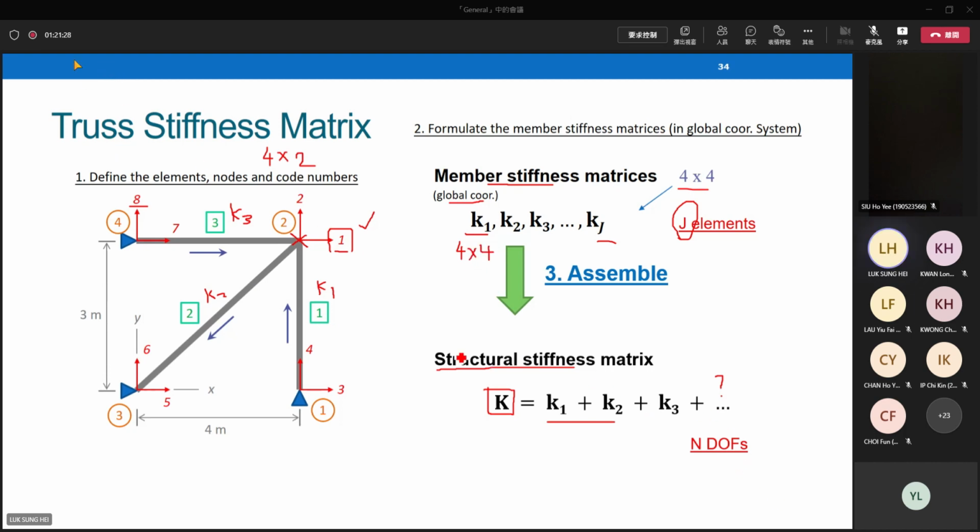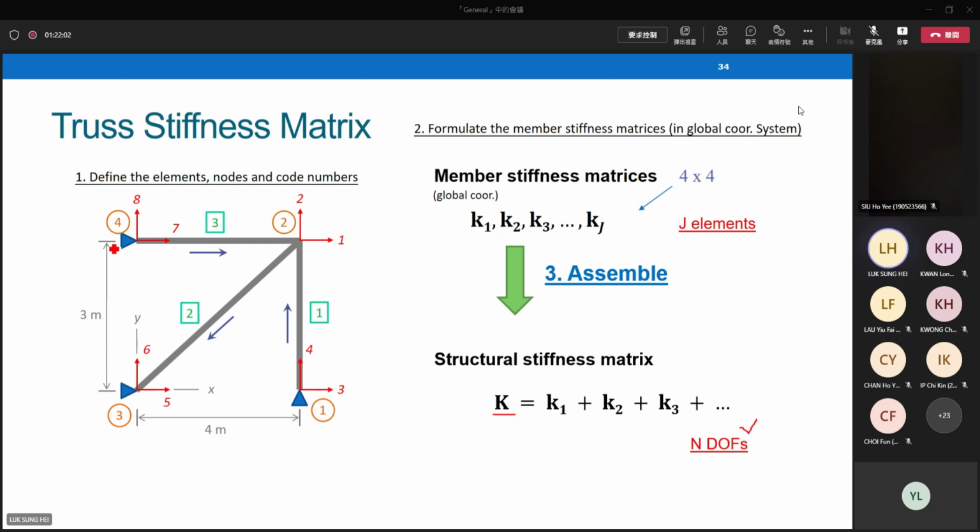What is the dimension of capital K? You can actually judge at the beginning. Before conducting this addition, you can immediately observe the dimension of big K. This is a very useful skill because it can help you double check the final size of big K. How to make the judgment? The size of big K depends on the number of degrees of freedom.